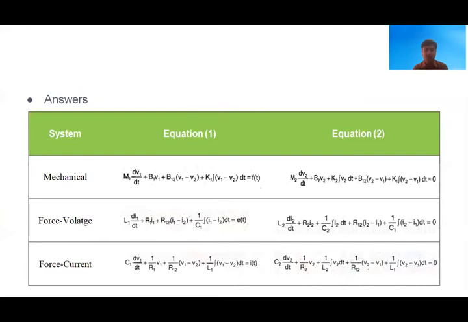If we compare all these equations from the mechanical analogy of the electrical system, all these equations can be said to be correct.